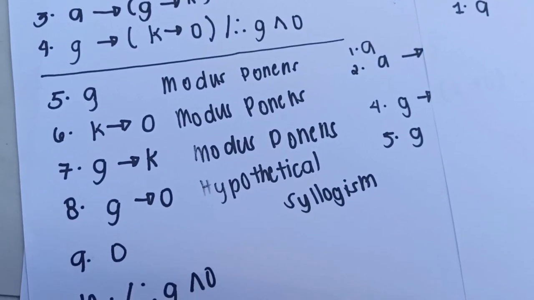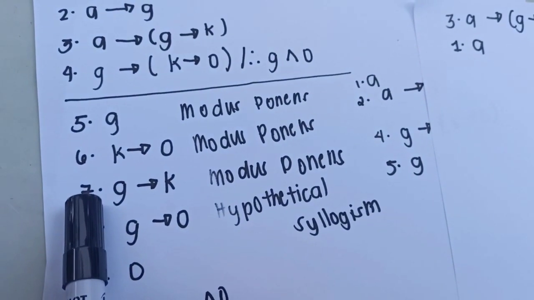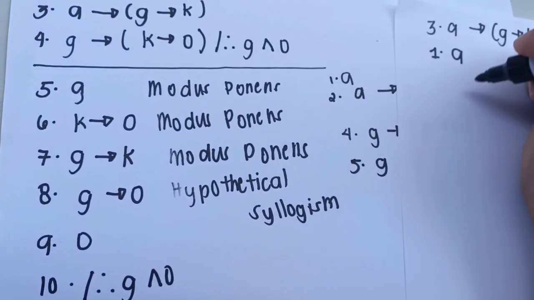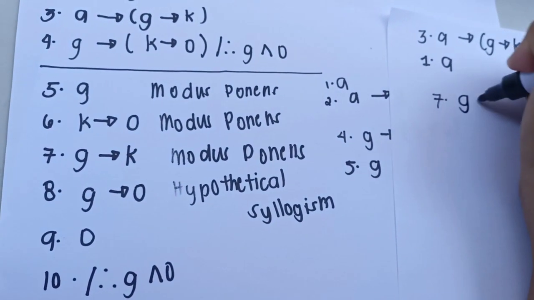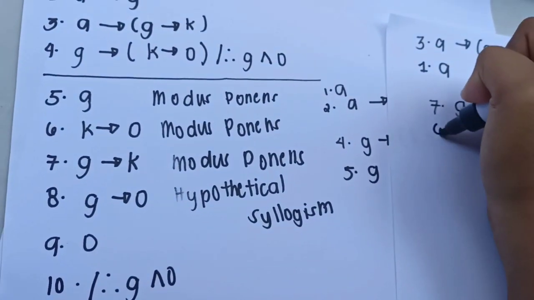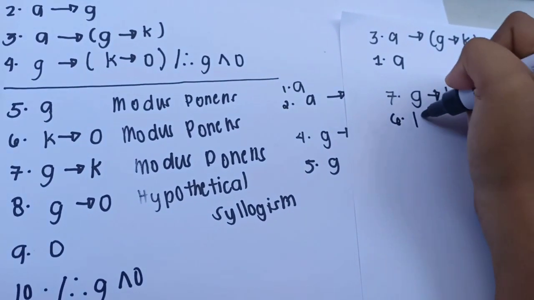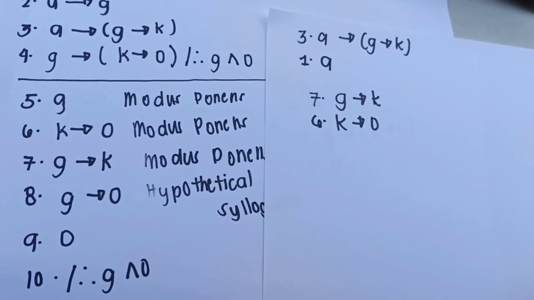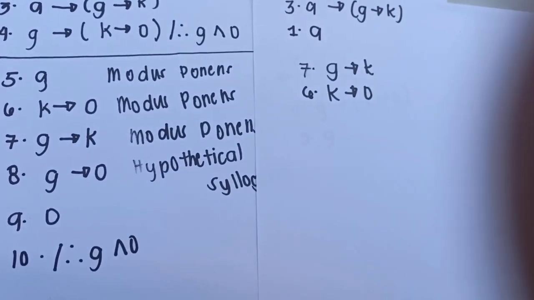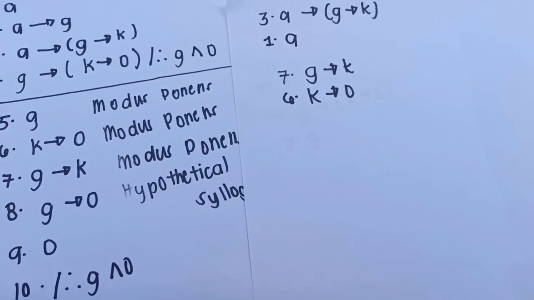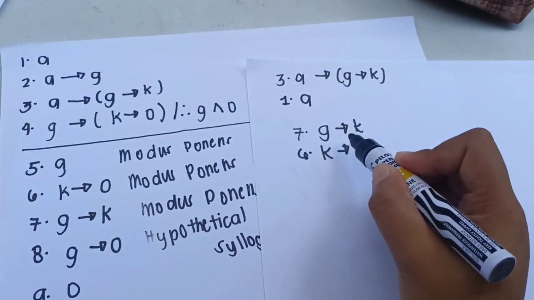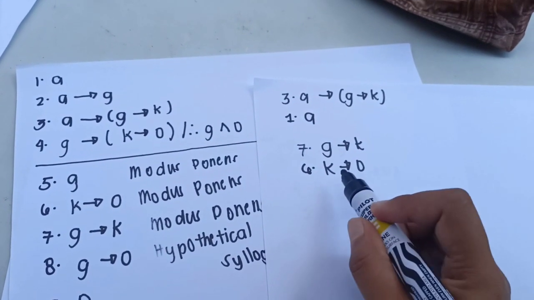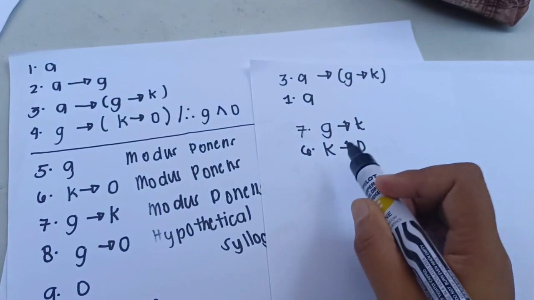So, as we combine number 7 and number 6: number 7, which is G implies K. Number 6 is K implies O. So, as we notice here, the rule hypothetical syllogism is if the consequent in the first statement will be the antecedent of the second statement.